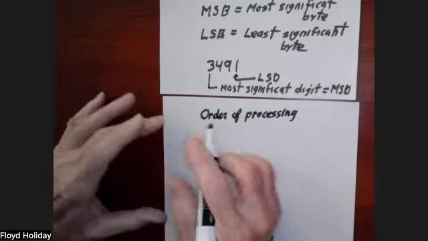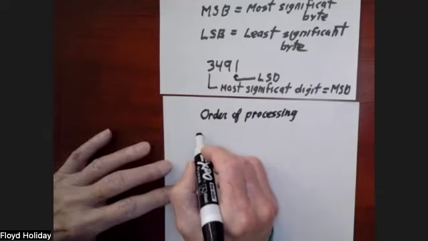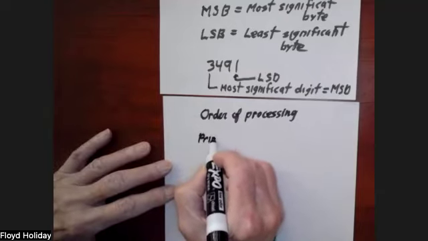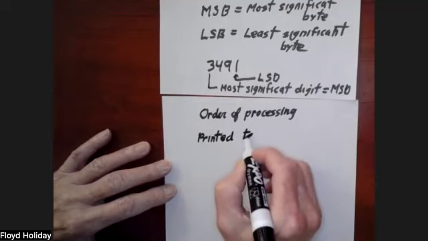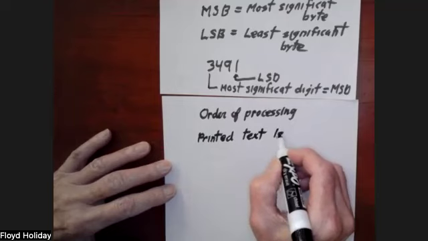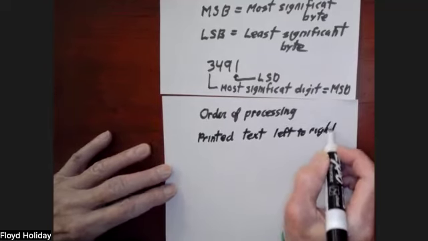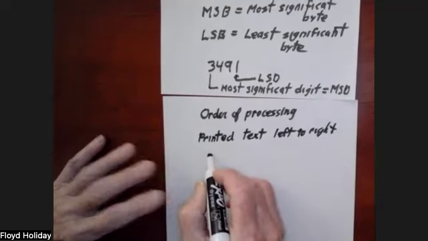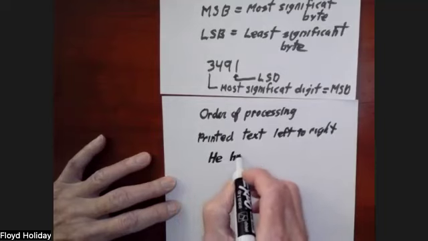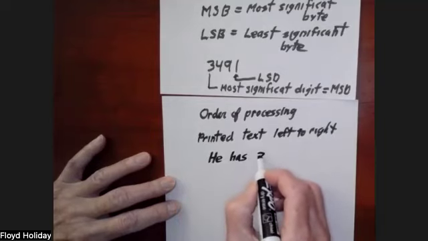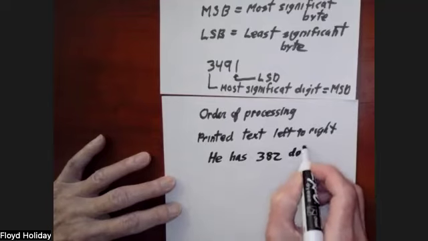In printed text, at least in some cultures, printed text reads left to right. Left to right. He has $382 to spend.